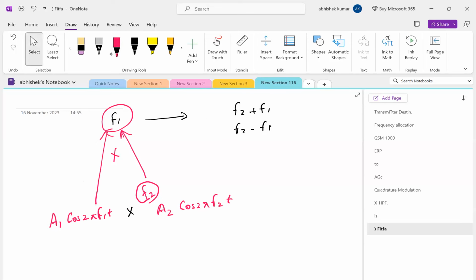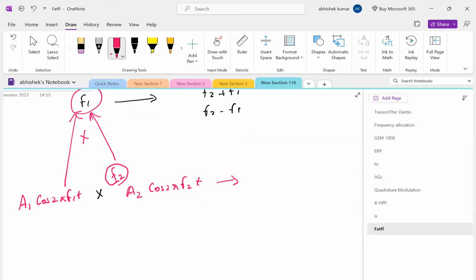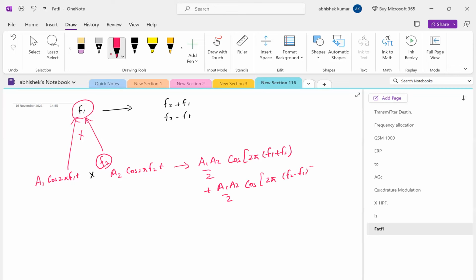Now, using trigonometry, can I write it as A1 A2 by 2 cos 2 pi (f1 plus f2)t plus A1 A2 by 2 cos 2 pi (f2 minus f1)t? Can we write it in this way or not?